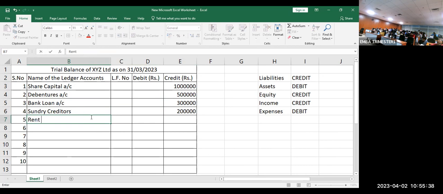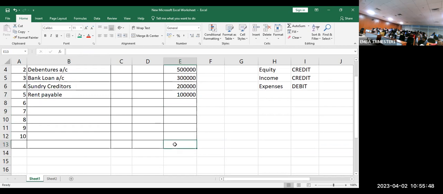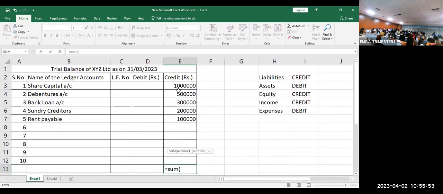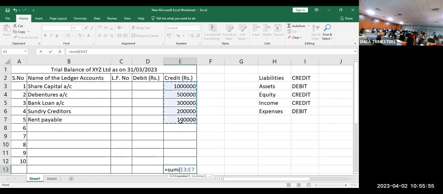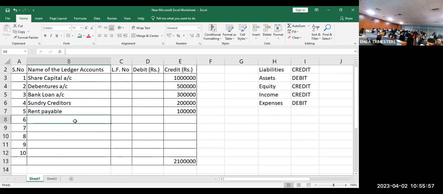Rent outstanding, which means rent payable, 1 lakh. Next one. Bank balance 20,000.